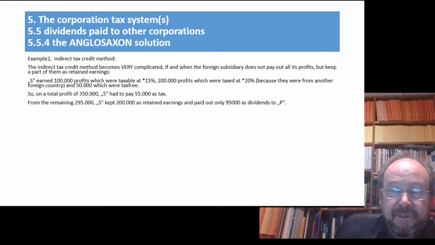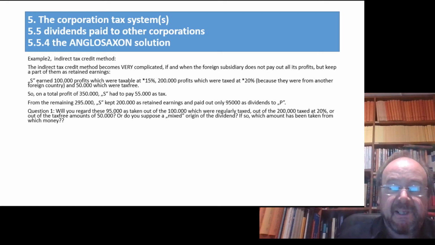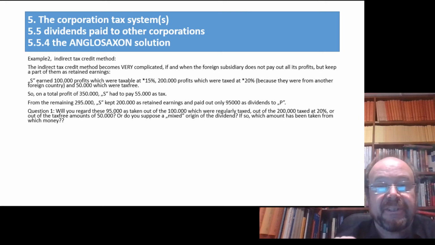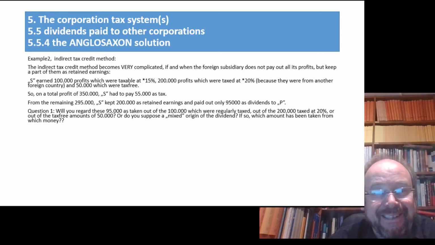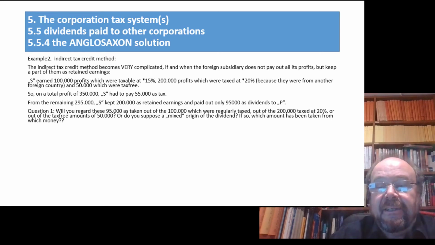Now the chief accountant of P has only one nice question to solve. We can credit the tax of S, which refers to our dividend income, not the tax of S, which refers to the retained earnings. Oh my God. Now, which amount of the 95,000 net income has been taken out of the 200,000?